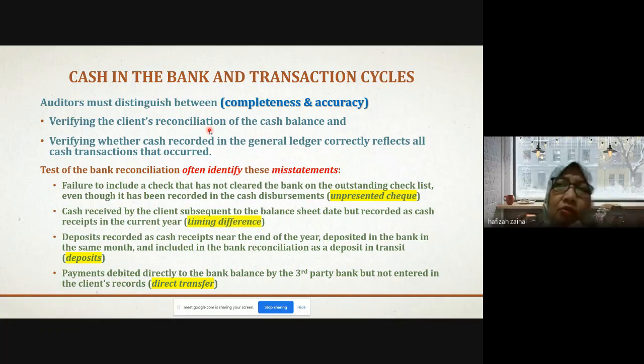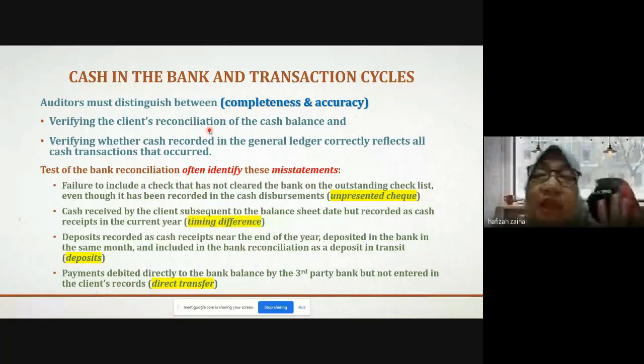Most of the time, especially with the bank, your bank statement would not be exactly the same as per your cash book in your office, in the system. So you need to reconcile: what has been taken up in the bank might not have been taken up in your book, but sometimes there are also items already taken up in your book but not yet taken up by the bank. That is the purpose of bank reconciliation, or whatever reconciliation that you do.